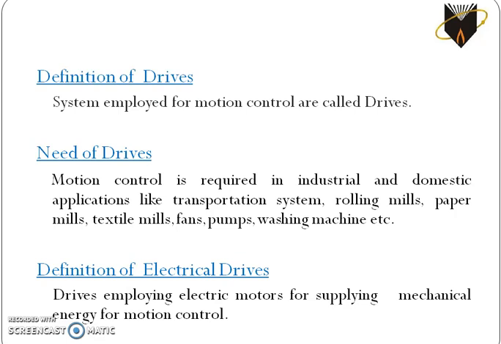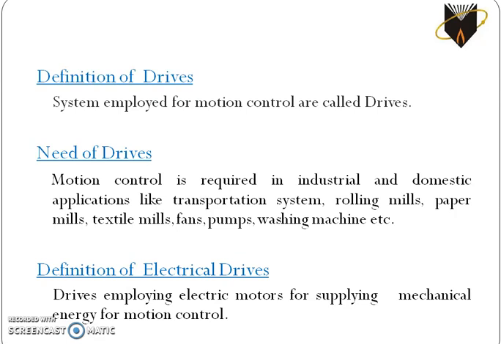The need of drives: where is it useful? It is used in industry, and not only in industry, it is also useful in domestic applications. For example, for a simple drive example, I can give one in the house. A fan is the best example. The fan has blades, and the blades have to rotate.